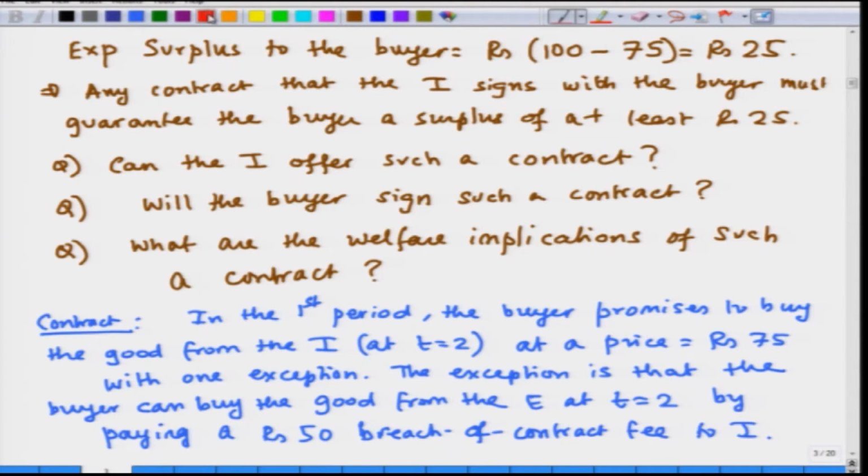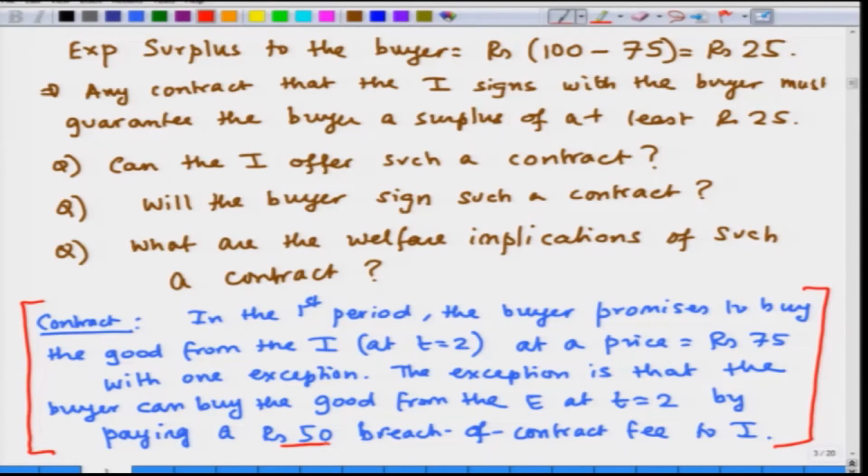So, this is very important. It tells us that the contract is such that the buyer will buy the product from the incumbent at rupees 75 at t equal to 2. However, if the buyer chooses to buy the good from the entrant at t equal to 2, the buyer is free to do so, provided it pays a breach of contract fee, a penalty to the incumbent, which is equal to rupees 50. Okay, so let us keep that in mind.